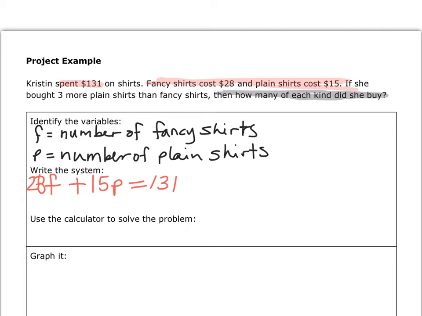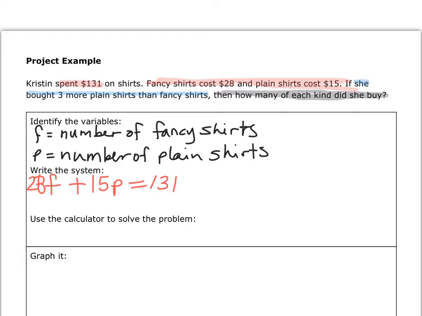All right, so in a system, I need at least how many? 2. So I need another equation for the system. So if I look, she bought 3 more plain shirts than fancy shirts. So what I'm saying is, which one did she buy more of?